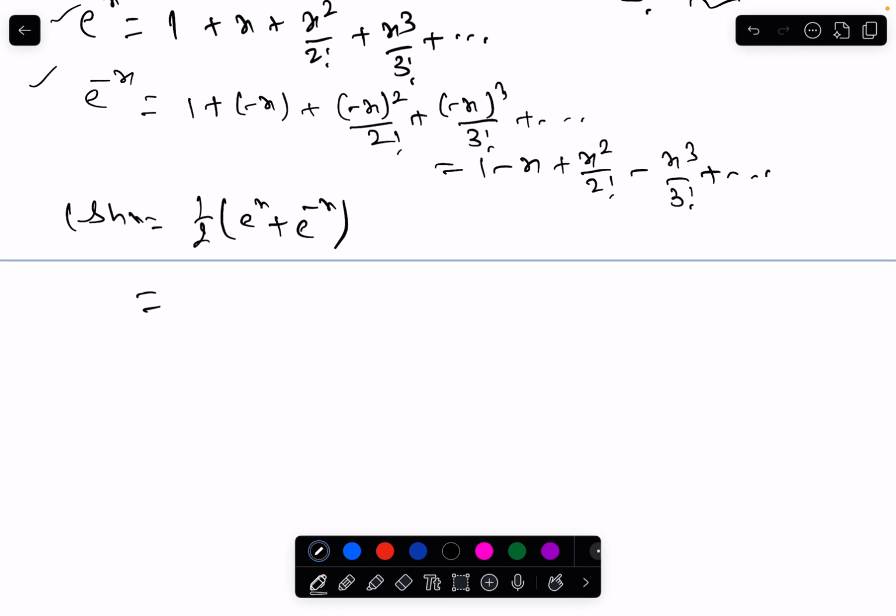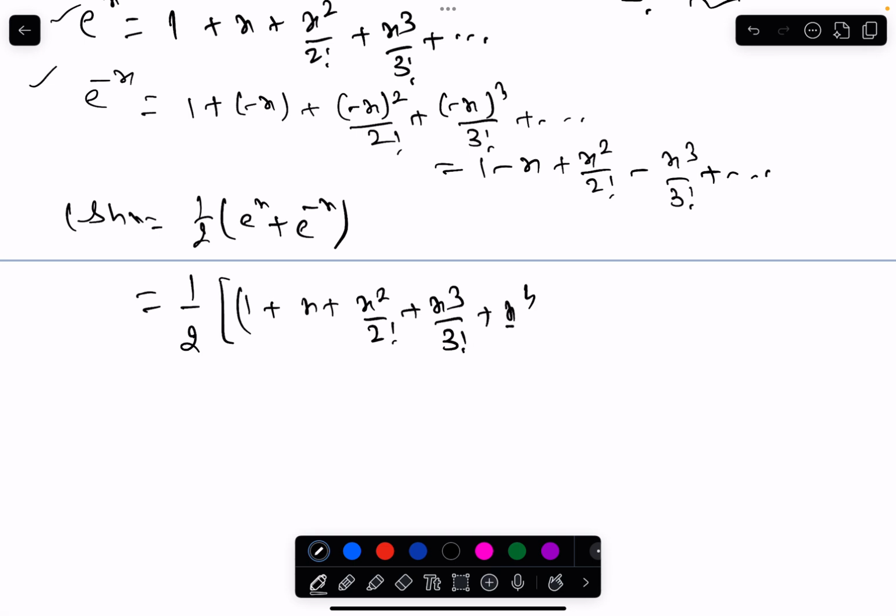Now cosine hyperbolic x is 1 by 2 into e power x plus e power minus x. So series of e power x is 1 plus x plus x square by factorial 2, plus x cube by factorial 3, plus x power 4 by factorial 4, plus x power 5 by factorial 5, and so on, plus e power minus x.